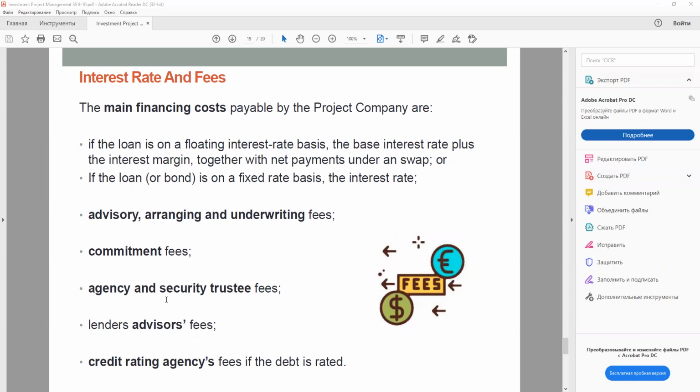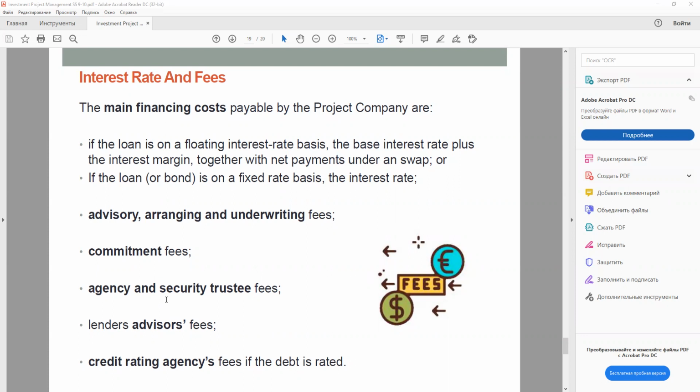Thus, in a project with a loan covering a 2-year construction and 15-year operation phase, the margin might be 2.5% for years 1 and 2, then 2% for years 3 to 7, then 2.25% for years 8 to 13, and 2.5% for the rest of the project. This is known as a margin ratchet.